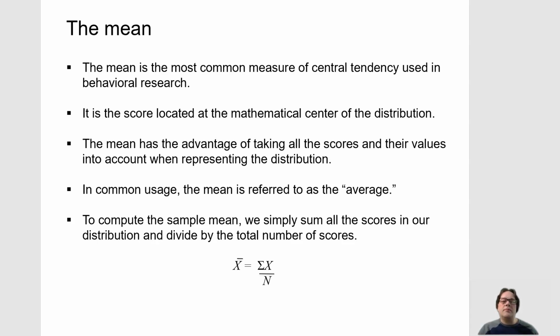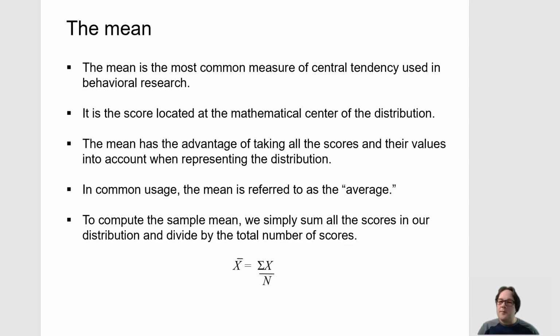And you'll see mean represented in different ways or using different symbols. Here we're talking about a sample mean, so we're using the statistical symbol called X bar, right? So it's just an italicized capital X with a line on top of it, X bar.